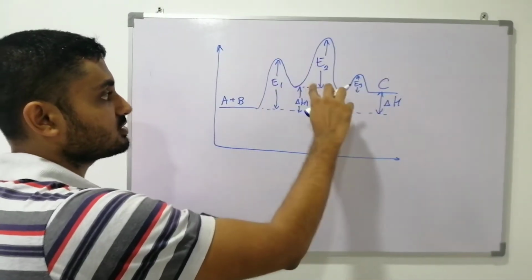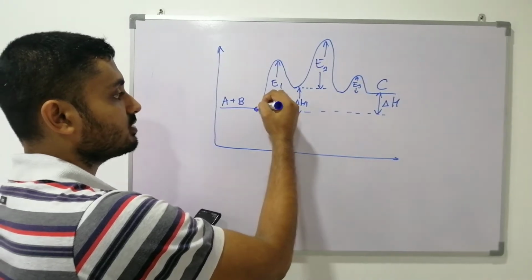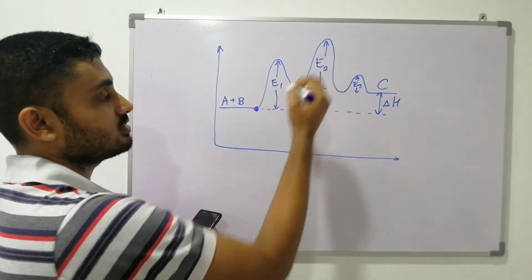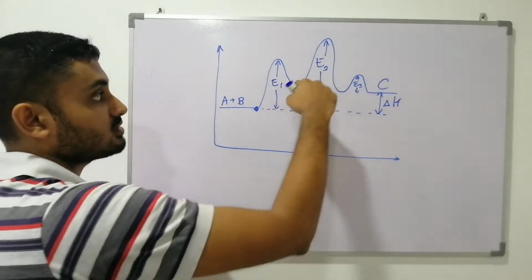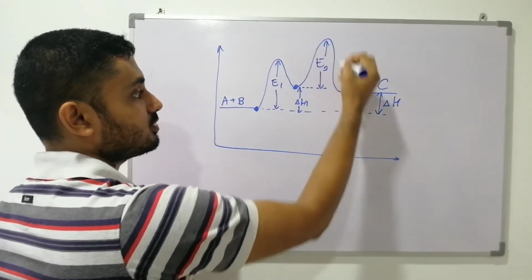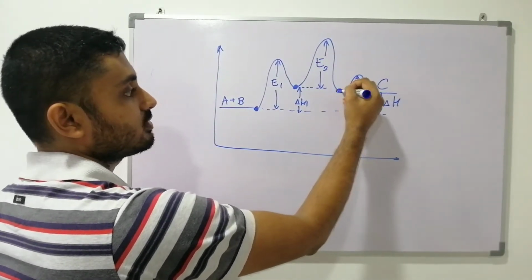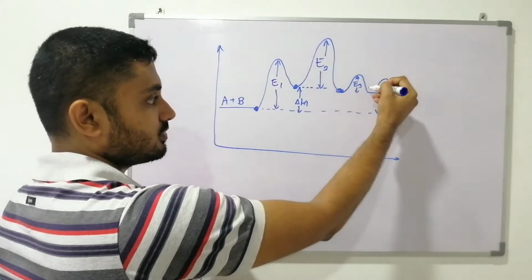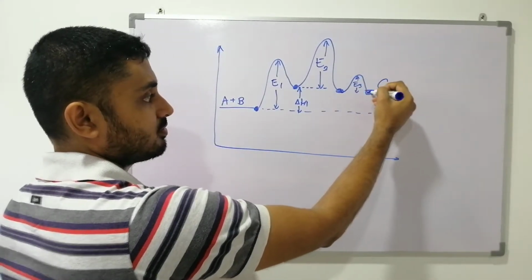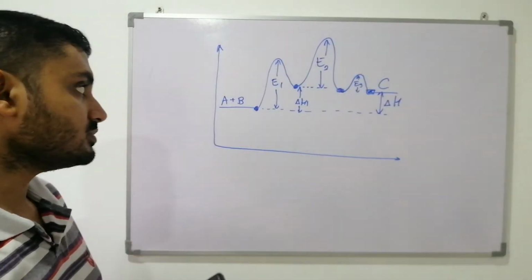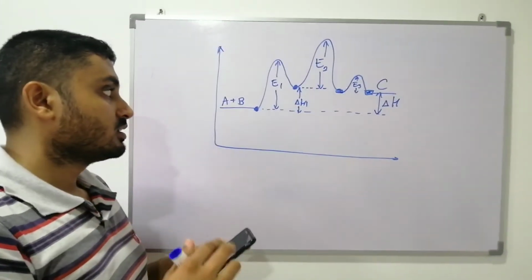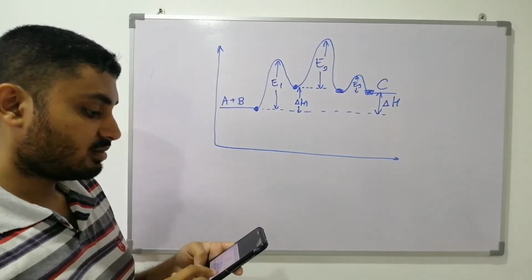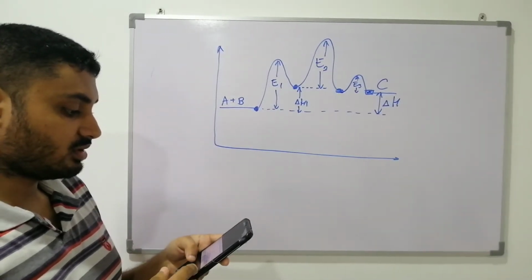This is one step, from here to there. The second step is here to there, and the third step is here to the final product. So it is a three-step reaction.